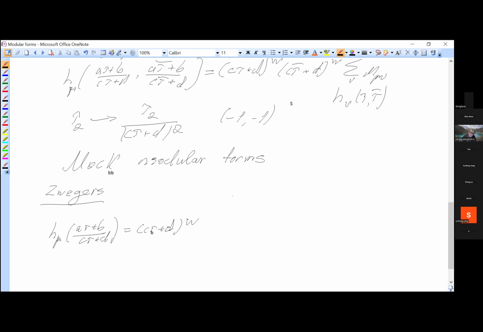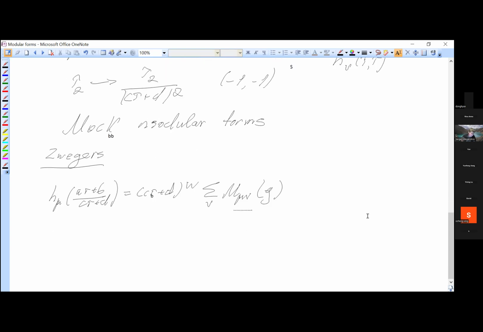Then, if we have a vector valued object, we have this multiplier system which is a matrix. But then there will be an additional term.